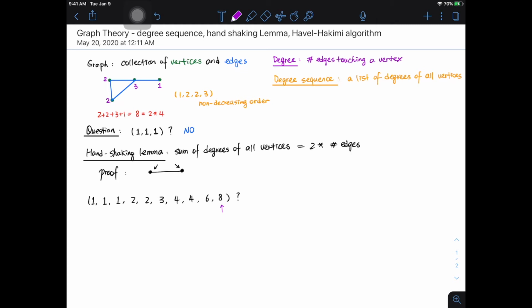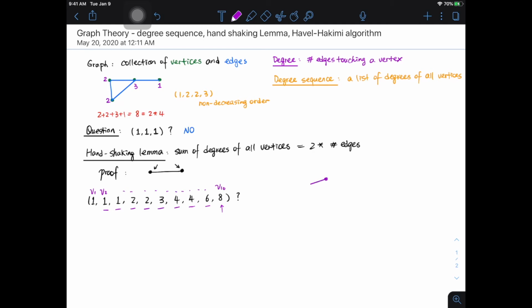I'll connect this vertex to the 8 vertices that have the largest degrees among the remaining vertices. In this case, it will be all these vertices. Let's give them names: call this V1, call this V2, and so on, and we call the last one V10.